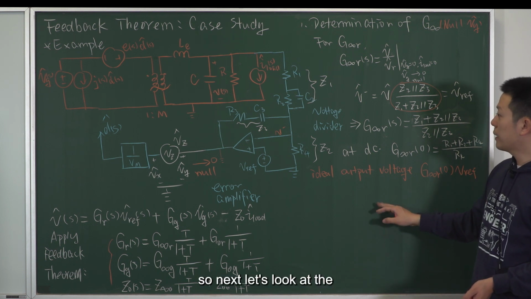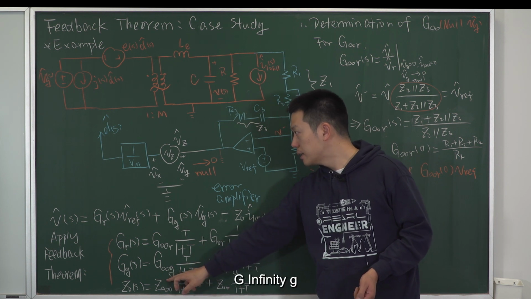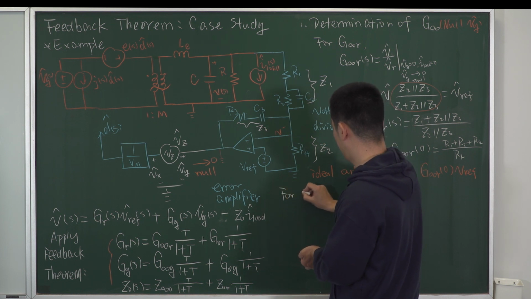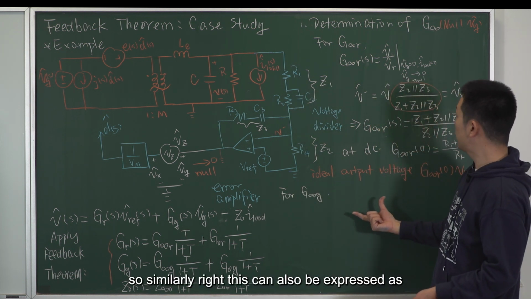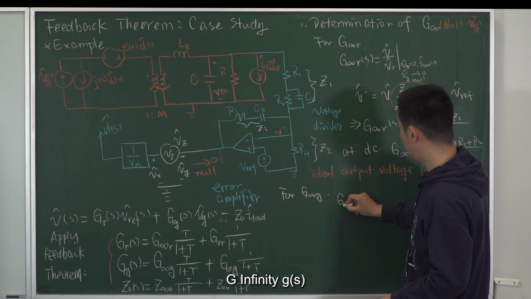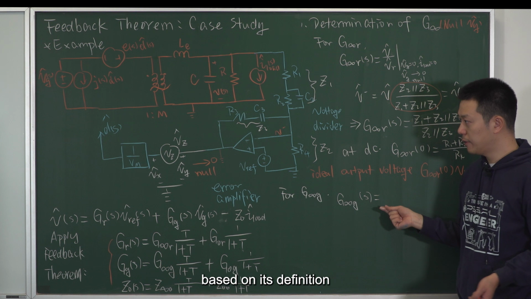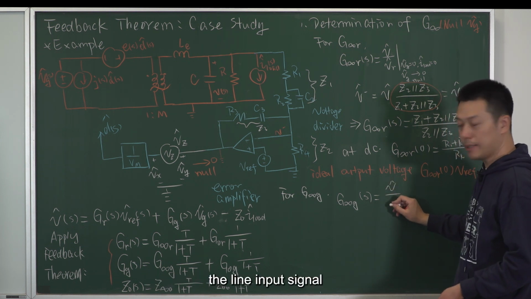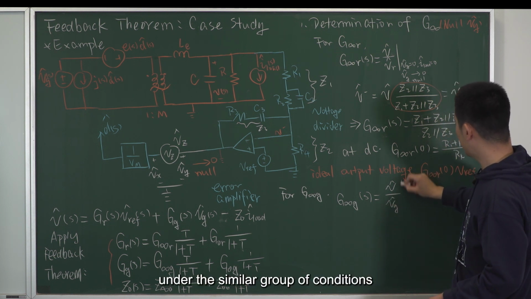So next, let's look at G infinity G. Similarly, this can be expressed as G infinity G of S, which, based on its definition, is the ratio between output signal and the line input signal under a similar group of conditions.